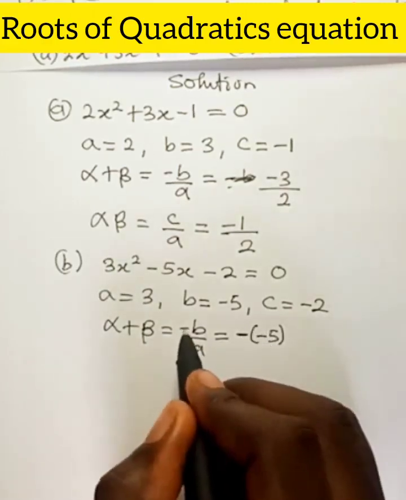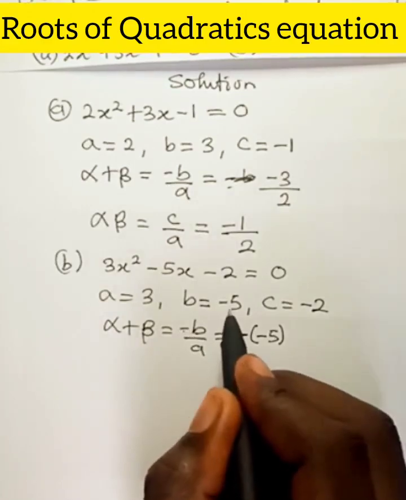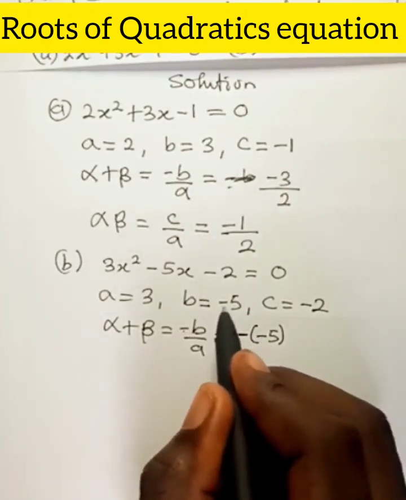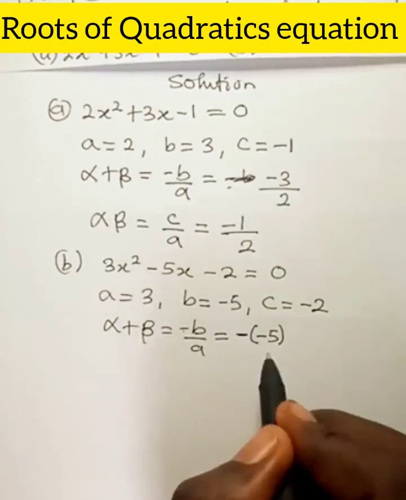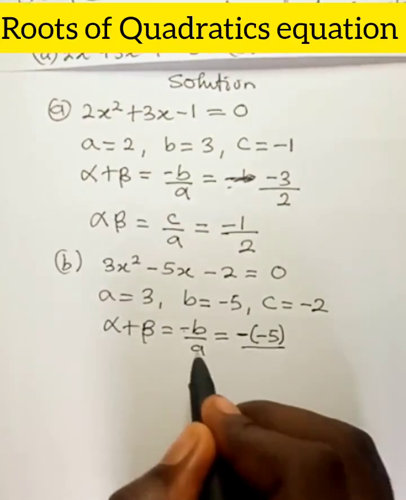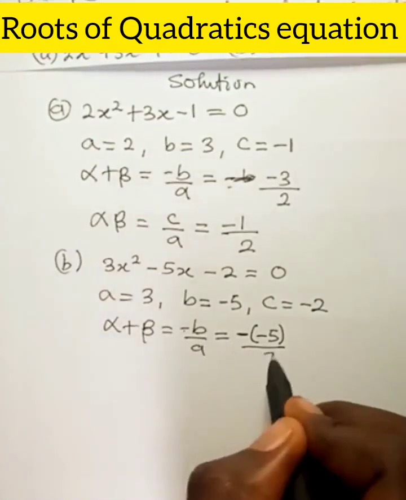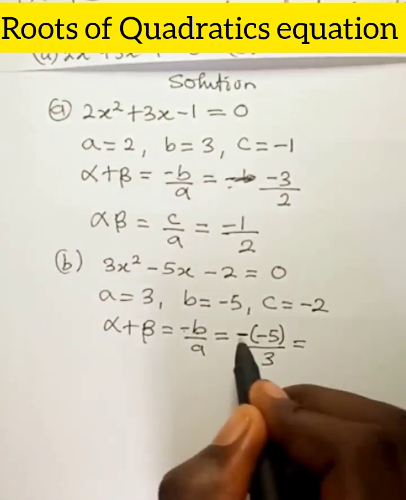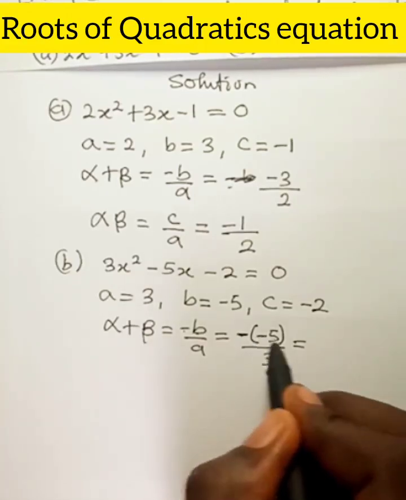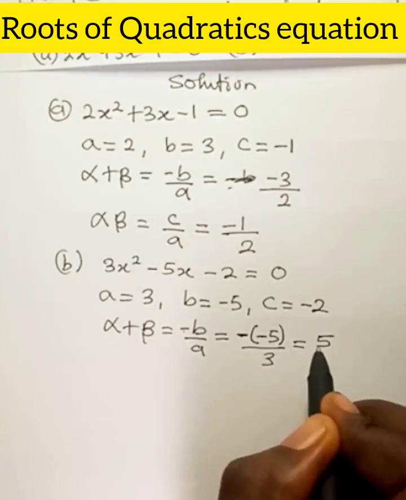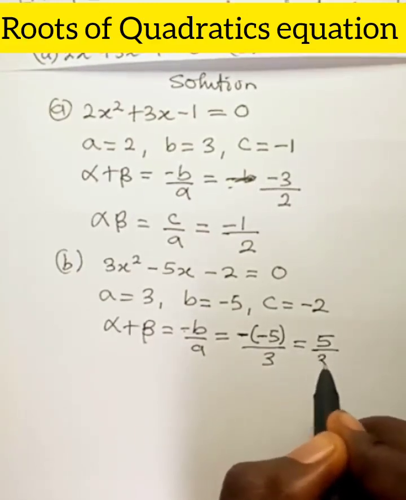So you first put down your negative sign, then introduce the -5 inside the bracket, over a, which is 3. If I expand this bracket, negative times negative will be positive, so my answer here will be 5 over 3.